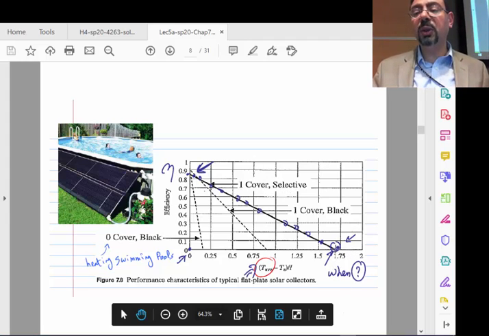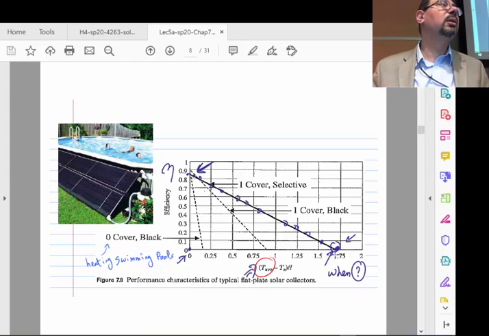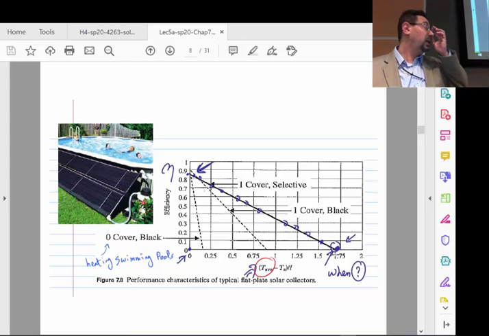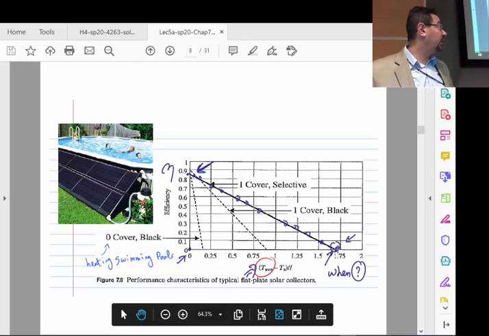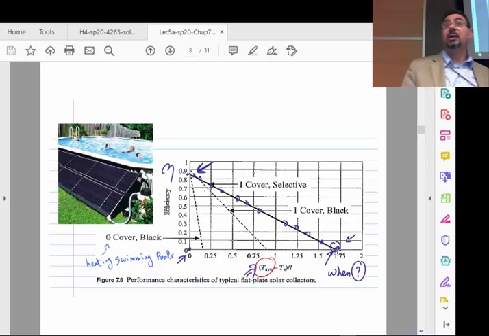And the last thing that we talked about was this point. We finished this point by saying this is the point of maximum temperature. Okay? And we said that at that point you cannot get any hotter than this. At that point the efficiency is 0, meaning all the radiation falling is dissipated by heat. That's why you cannot get any hotter than this.